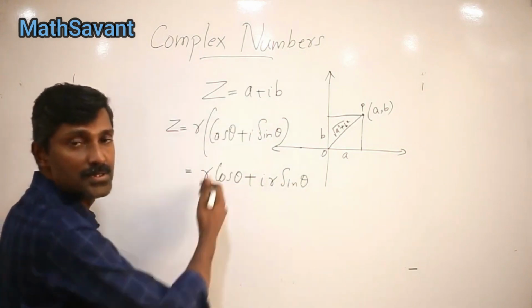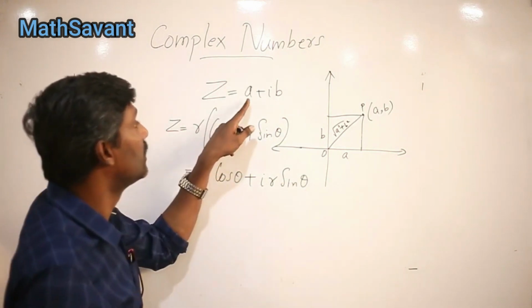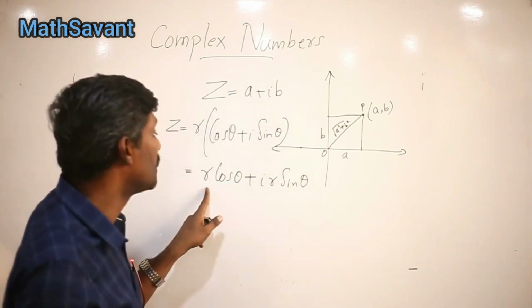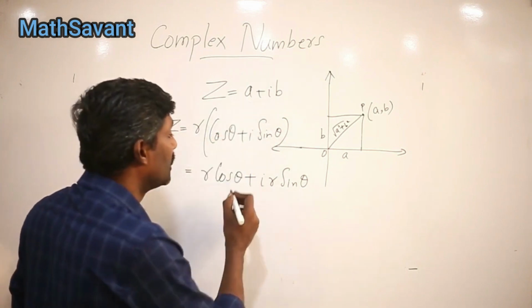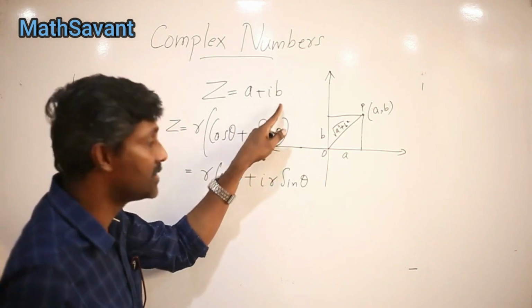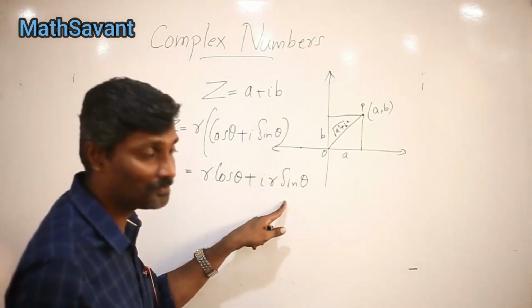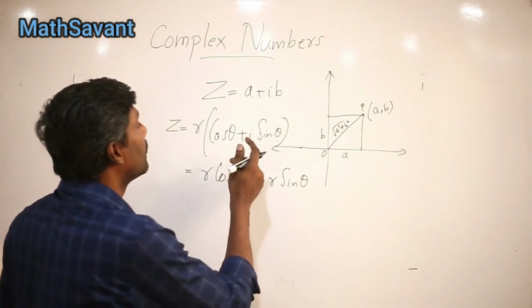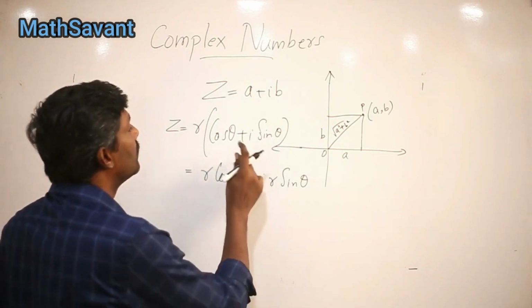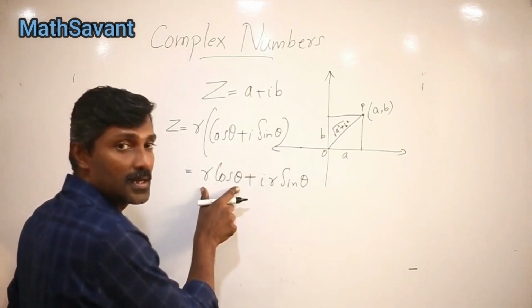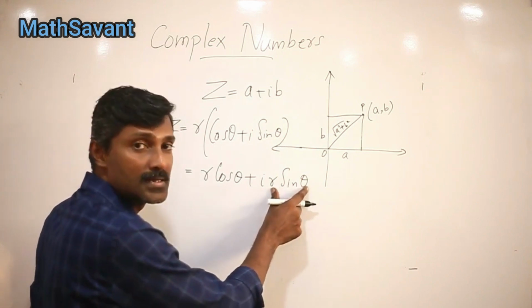So comparing these two terms, we get the real part A is equal to R cos theta, and the imaginary part B is equal to R sin theta. And if you see, R cos theta is the real part and R sin theta is the imaginary part.